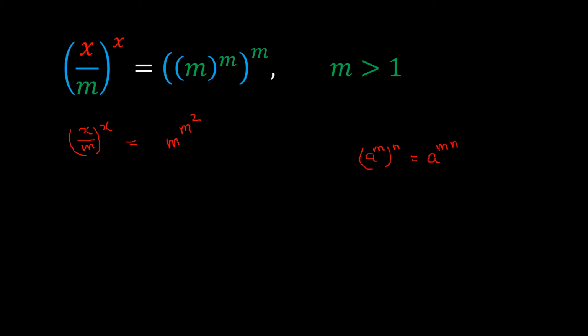Okay, now we see that the exponential power will be separated over the fraction, that (a over b) raised to power m is the same as a raised to power m over b raised to power m.